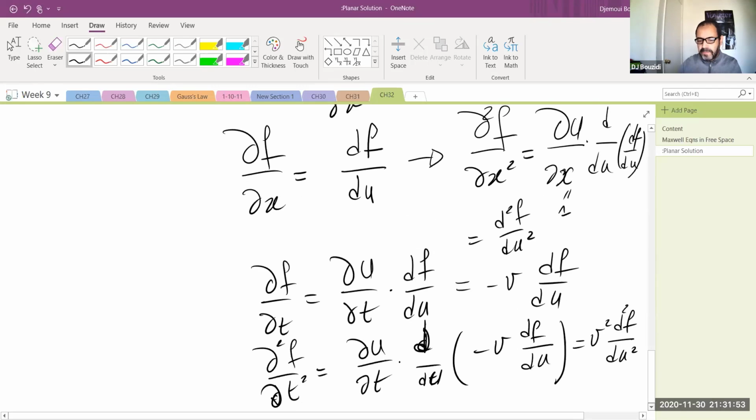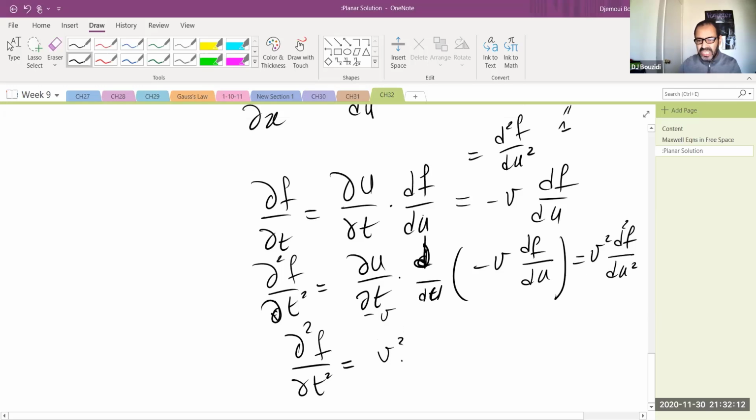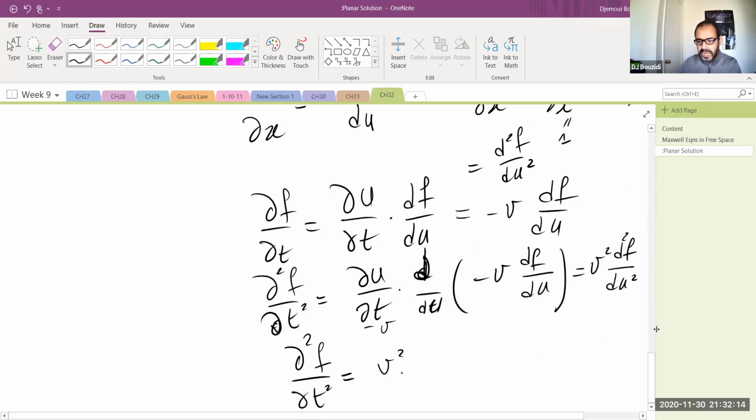So this equation says the second derivative of that function with respect to time is v squared, because minus v, and I have another minus v here, so it's going to be v squared times the second derivative of f with respect to x.